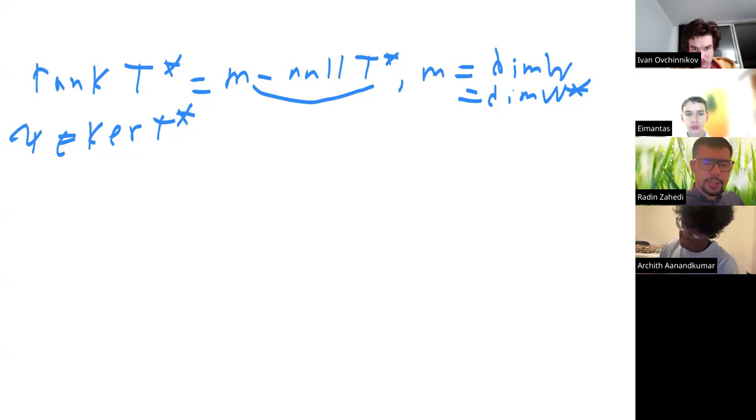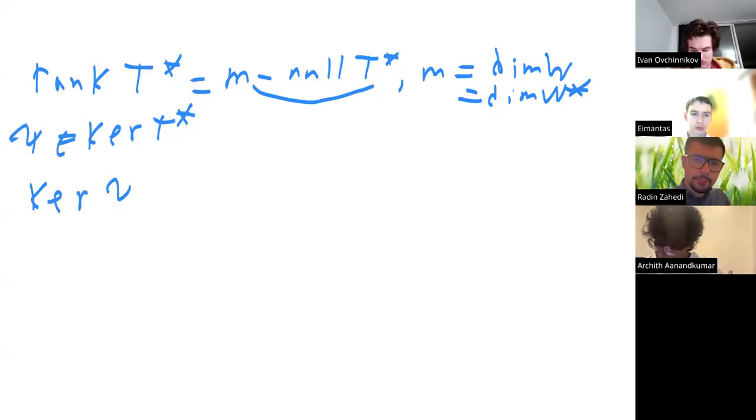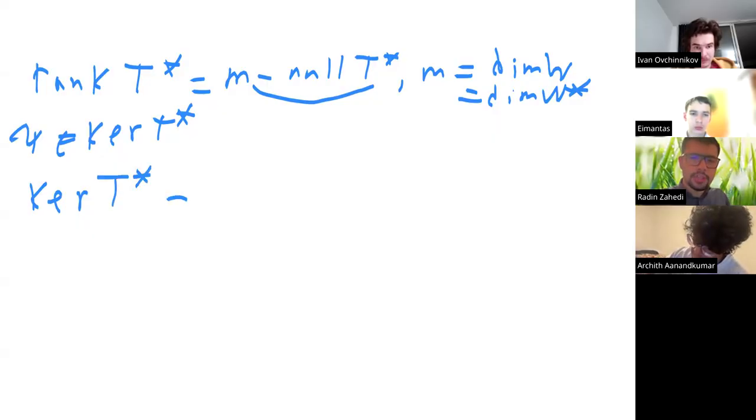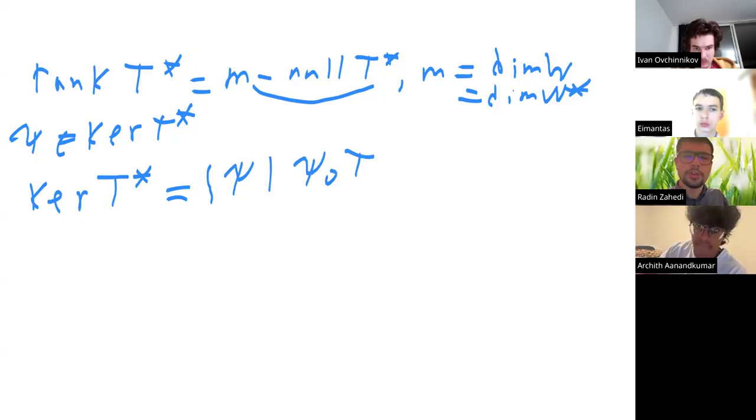By definition, the kernel of T star would be all linear functionals psi such that psi composed with T equals 0.